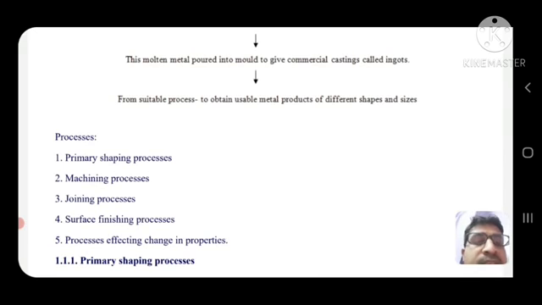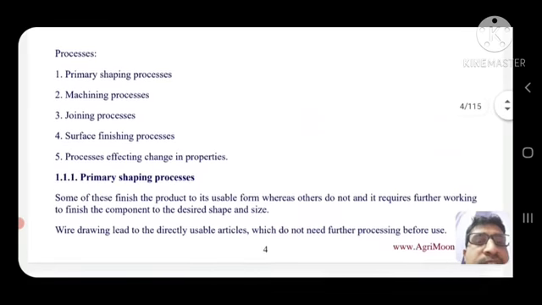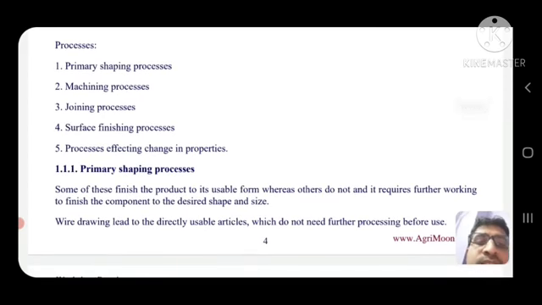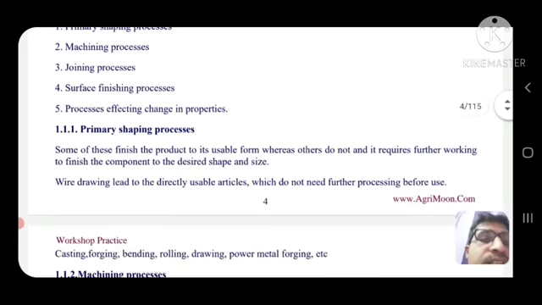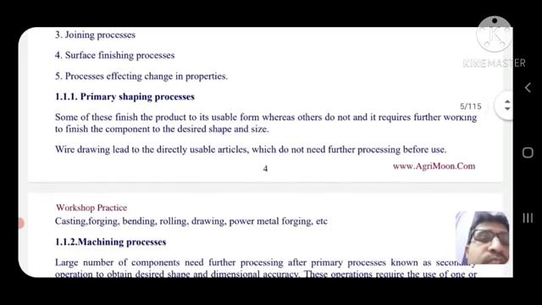Actually, some of these finish the product to its usable form, whereas others require further working to finish the component to the desired shape and size. Wire drawing leads to a directly usable article which does not need further processing before use.